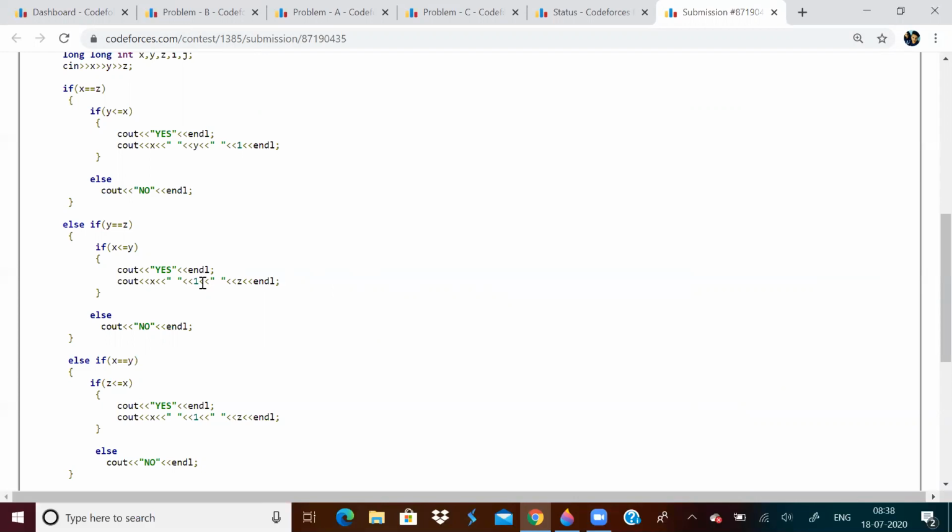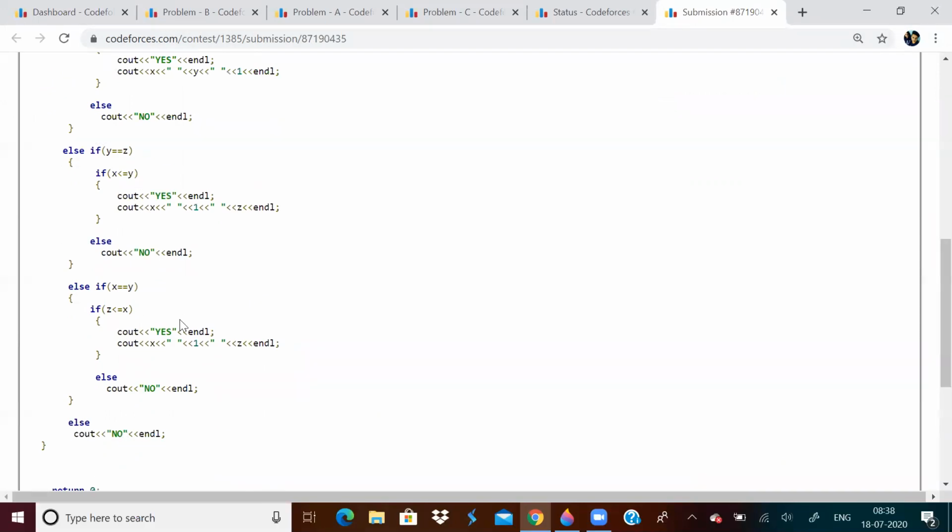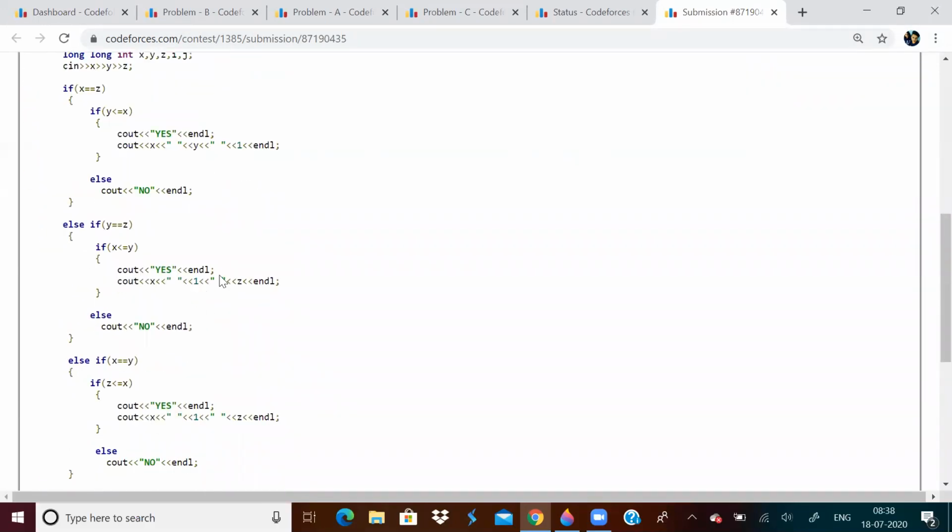So this was the motivation for me, and that is why I did this. So this is also a possible answer, but this code is a little complicated. You will not understand what I was thinking. And during the contest, I also did not understand exactly what I was actually doing, but I got the answer.